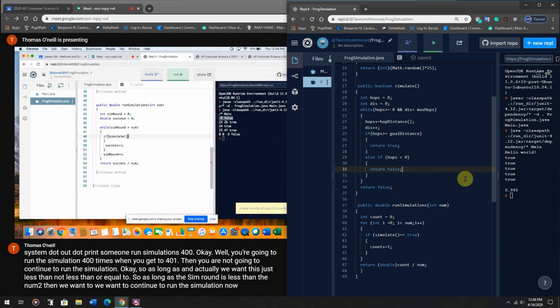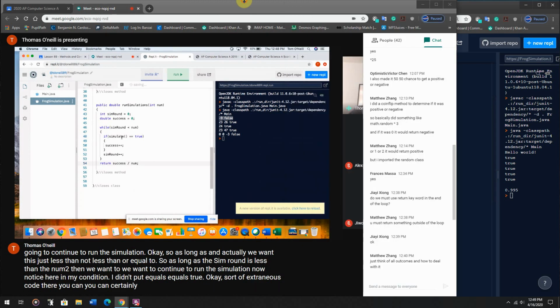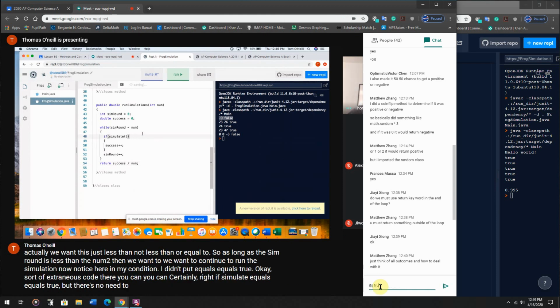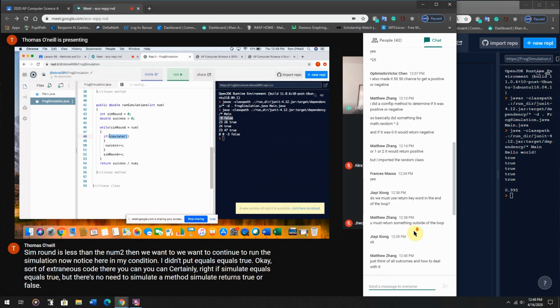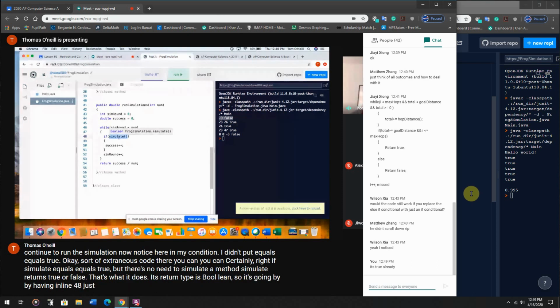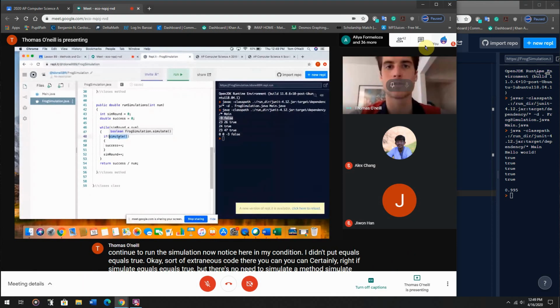Now notice here in my condition, I didn't put equals true, okay? Sort of extraneous code there. You can certainly write if simulate equals true, but there's no need to. The method simulate returns true or false. That's what it does. Its return type is boolean. So having in line 48 just if simulate is like saying if true or if false, okay?